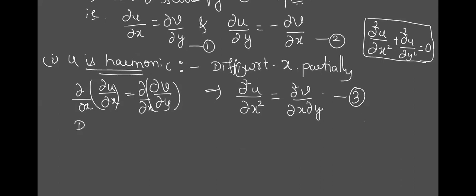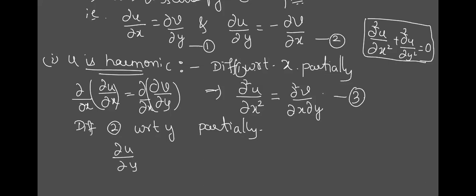Differentiate 2 with respect to y partially. Equation 2 is dou u by dou y equal to minus dou v by dou x, and I do the same thing on both sides.